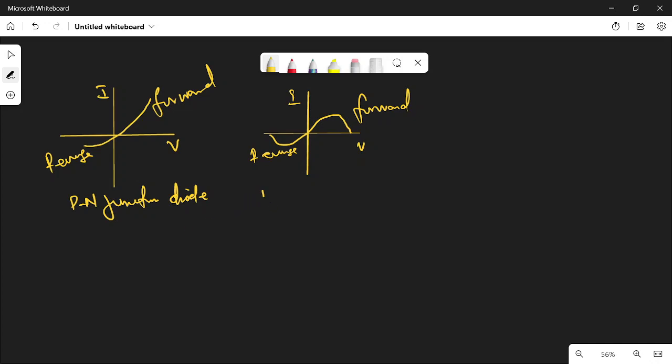And if I have something like this, if I have this, this is going to be for a Zener diode.